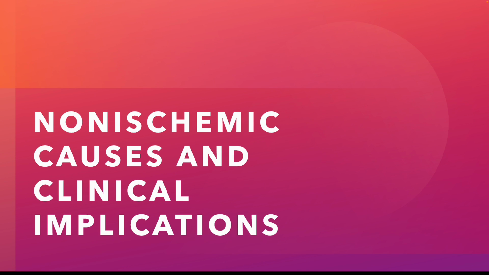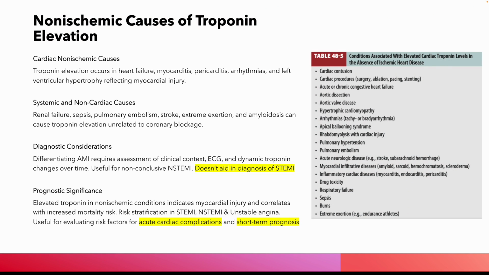As we said, we'll be discussing the non-ischemic causes of elevation in troponin. This table shows all the causes. The non-ischemic causes can be, for example, heart failure itself, myocarditis, pericarditis, arrhythmias like tachycardias and even bradyarrhythmias, and LVH, which can all reflect myocardial injury.